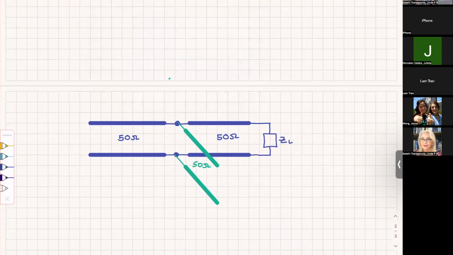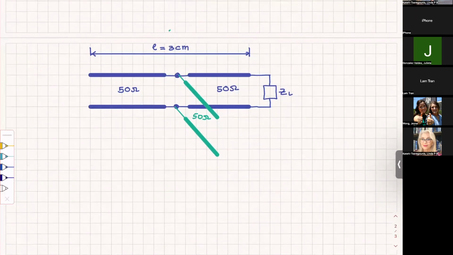And we know that the total length of this section is L, and we said this is going to be 3 centimeters.